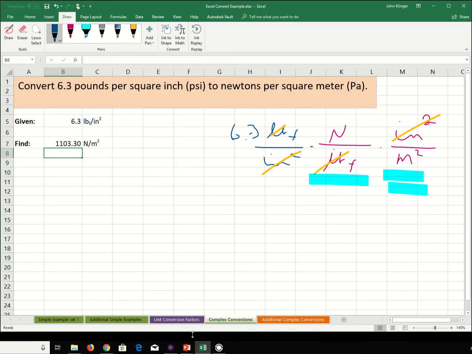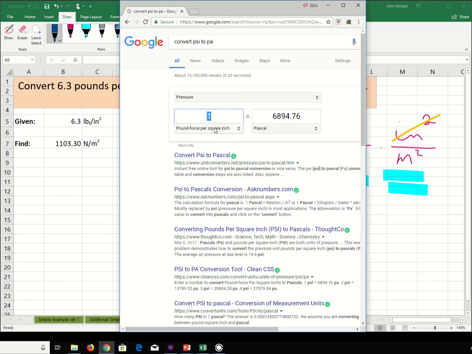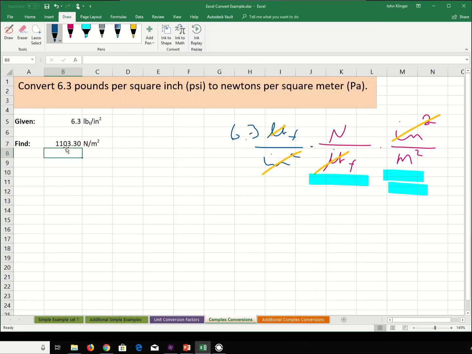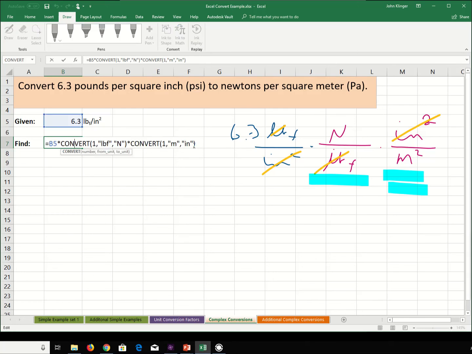You can always check your answers by using Google, there's always the nice Google Convert, and I have 6.3, right? Well, that answer is not the same as what we showed before on the other slide. So I did something wrong. What did I do wrong? I purposely did it. I didn't square this last term, so I need to square my last term.